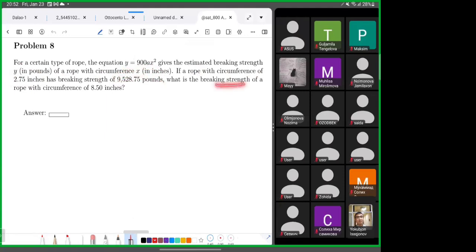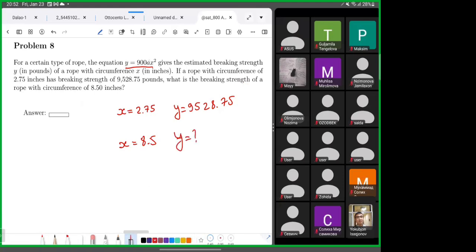What is the breaking strength when the circumference is 8.5? The equation is given, but a is unknown, and we are also given that when x equals 2.75, y equals 9528.75.